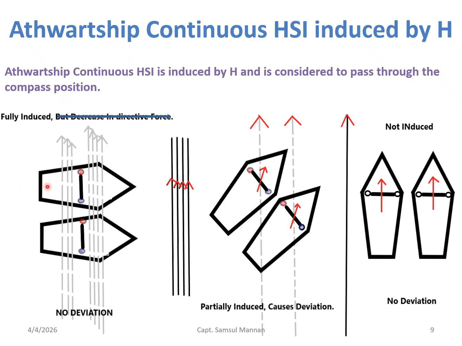So here we see once the vessel course is 090 degrees or 270 degrees, it will create a blue pole on the starboard side, right, when the vessel course is 090 degrees, and a red pole on the port side, because our lines of force are entering on the starboard side and exiting on the port side, right?